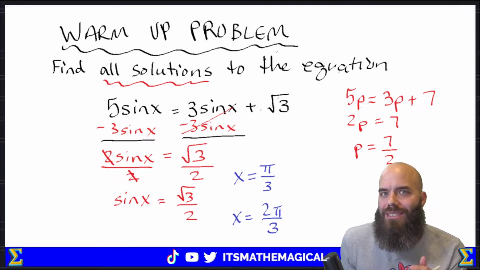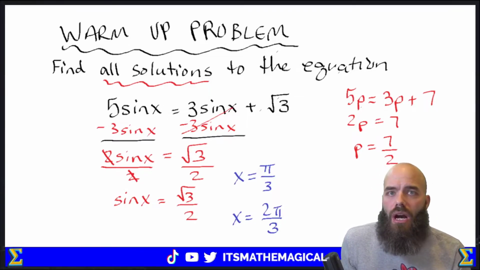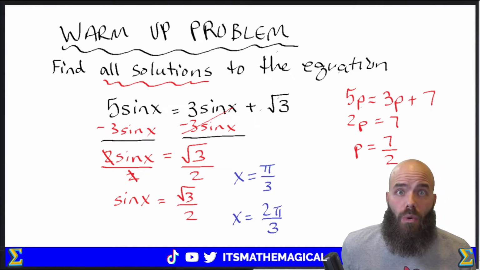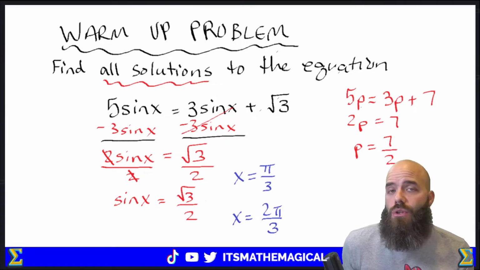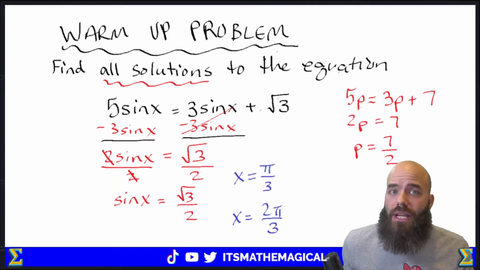But when it says find all solutions, we're not only looking for the angles in between 0 and 2 pi, we want to consider every angle that gives us a sine value of root 3 over 2. So we do need to use the unit circle to find our initial answers, which are pi over 3 and 2 pi over 3.